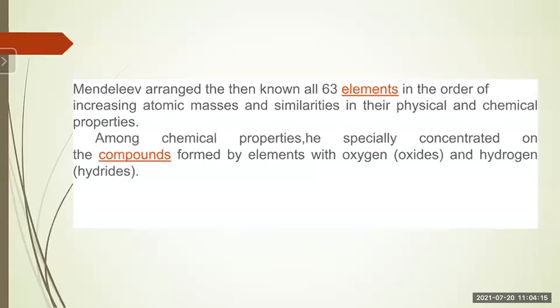The compounds with oxygen we call oxides, and those with hydrogen we call hydrides. Then he considered the physical properties as well as chemical properties. So in chemical properties, he concentrated on the compounds formed by the elements with oxygen and with hydrogen.